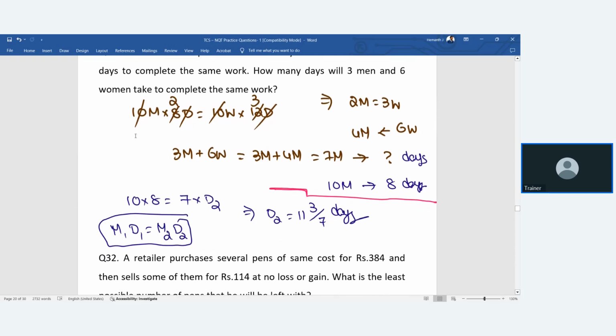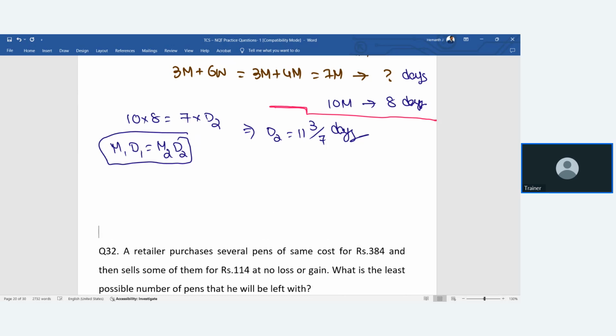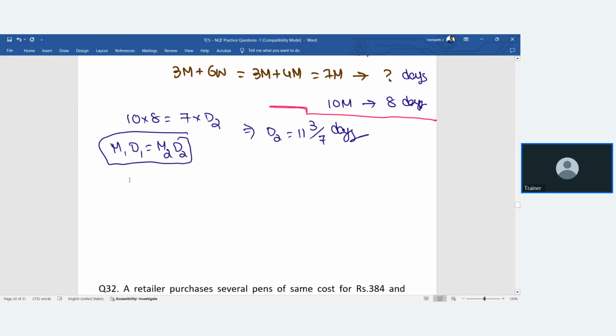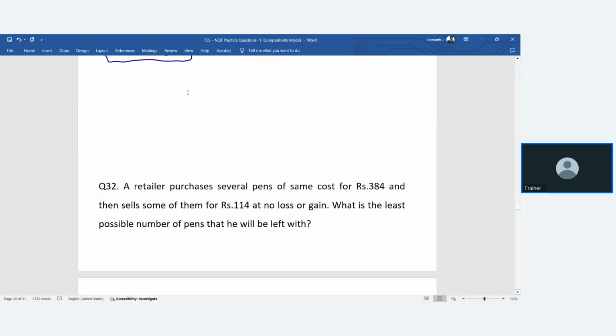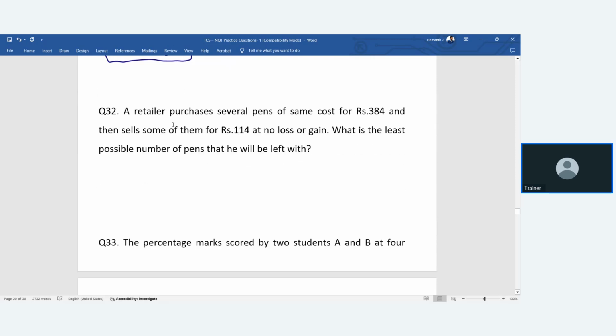Next, 32, regarding profit and loss. A retailer purchases several pens of same cost for rupees 384 and then sells some of them for rupees 114 at no loss or gain.